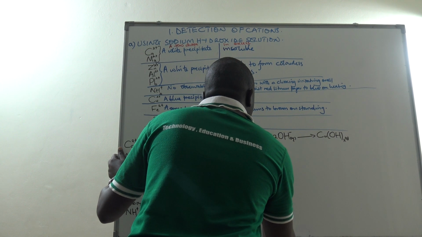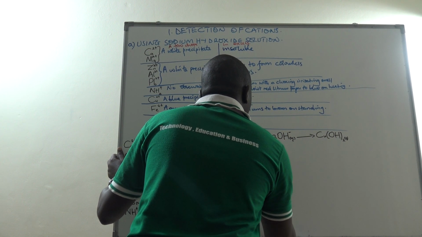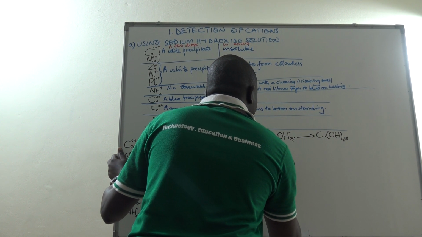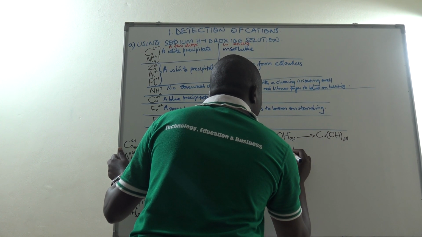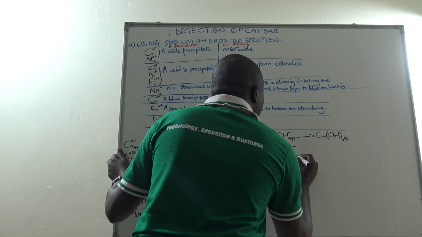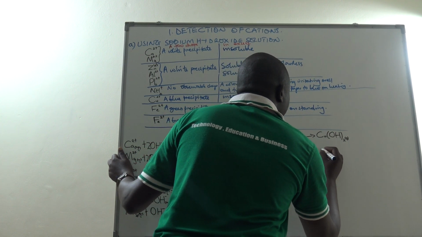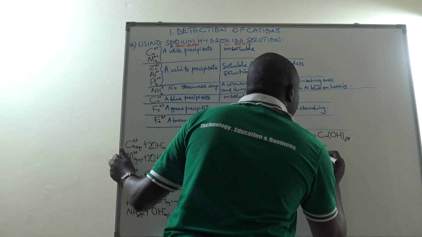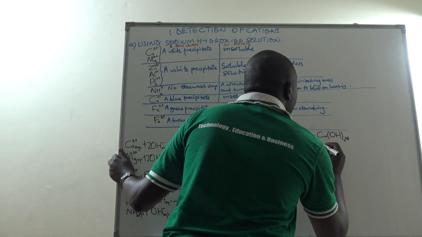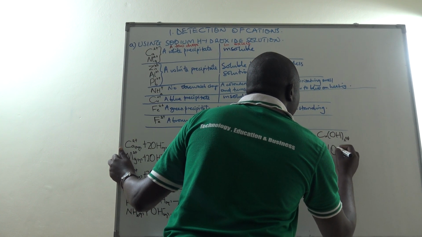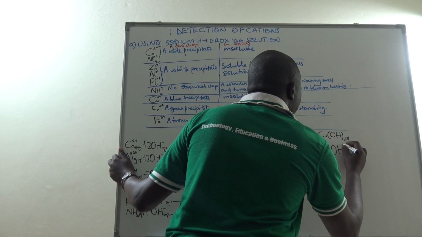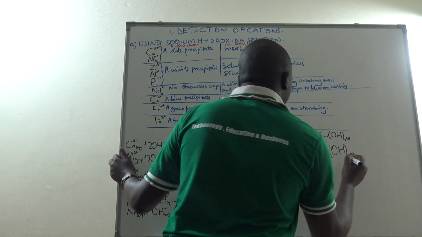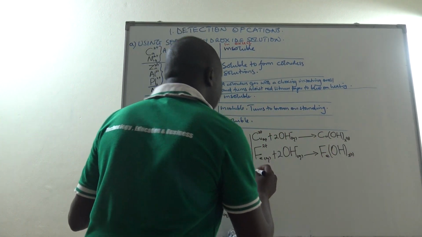Then iron 2 ion, with 2 positive charges, a divalent cation, will combine with the 2 hydroxide ions, and we are able to get iron 2 hydroxide. Iron 2 hydroxide will also be precipitated as a green precipitate.